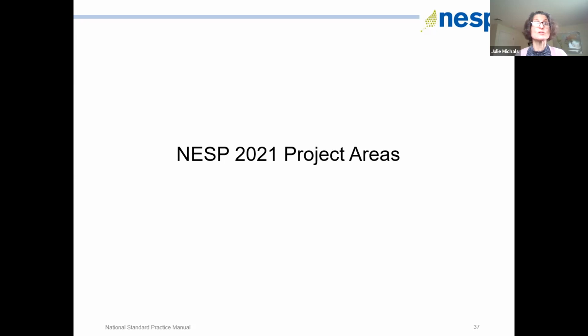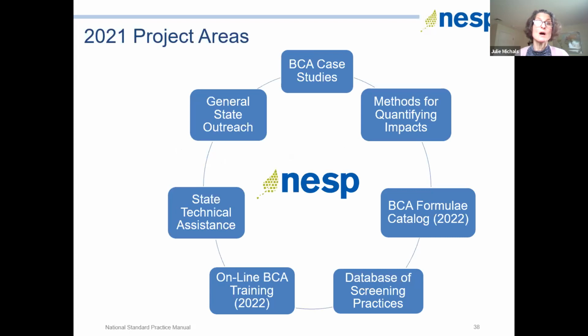One of them has to do with taking these examples, case studies from the NSPM that Kate just shared with you, and developing more robust, what we're referring to as real world case studies. We want to share more information on that with you, as I think it will be useful for this working group. We also would like to invite some of your input at this time.